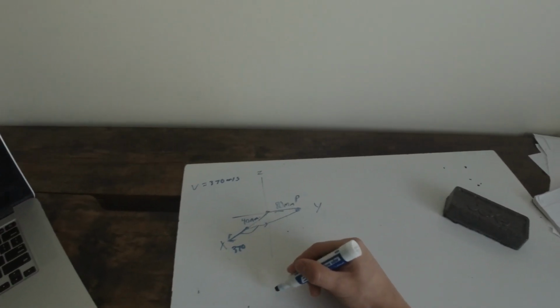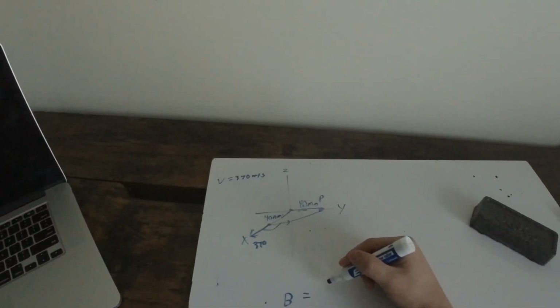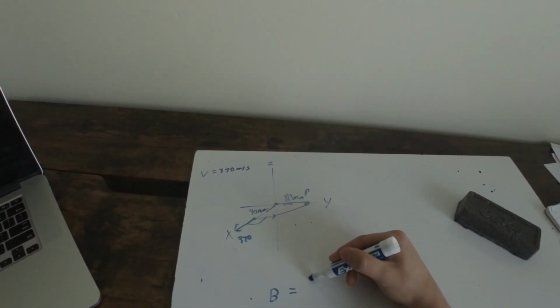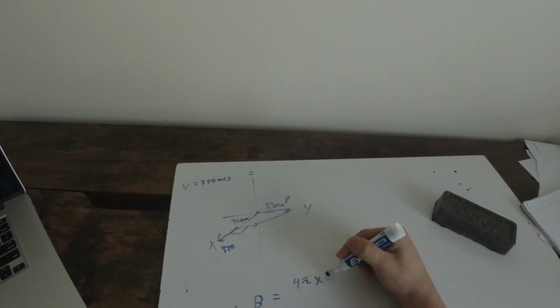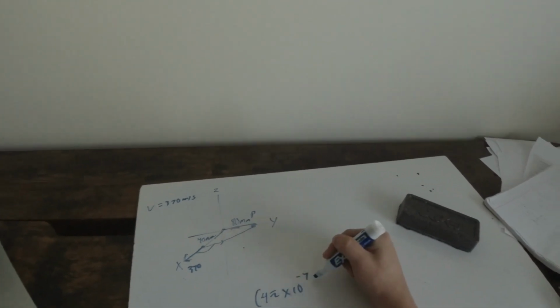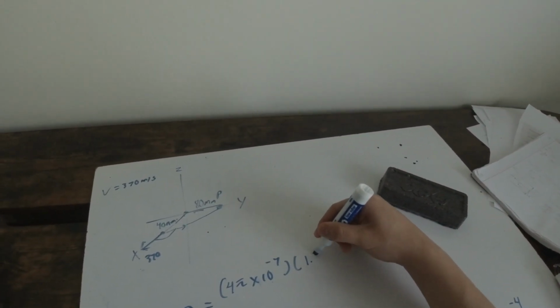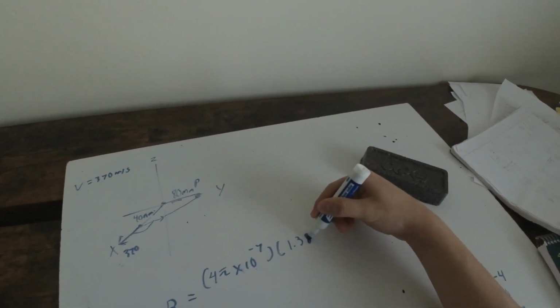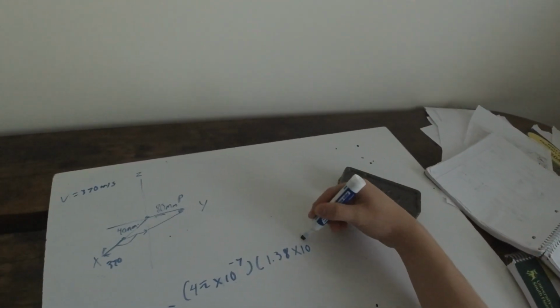And so we're just going to find our new magnetic field, and it's going to be mu naught, which is 4 pi times 10 to the negative 7, times the charge that we just found. We just need the magnitude, so we don't really need the negative sign: 1.38 times 10 to the negative 4.